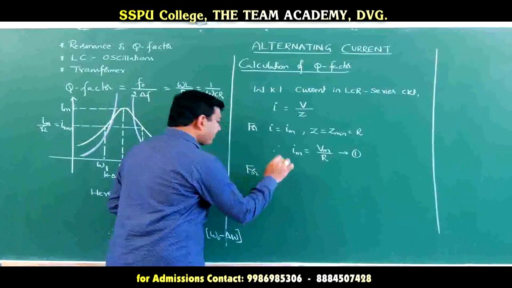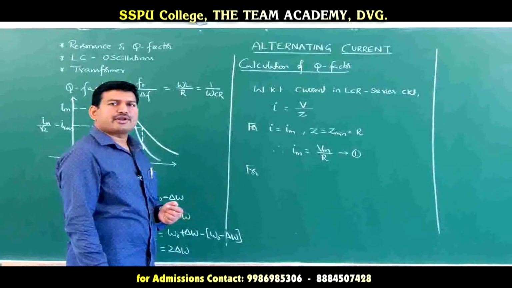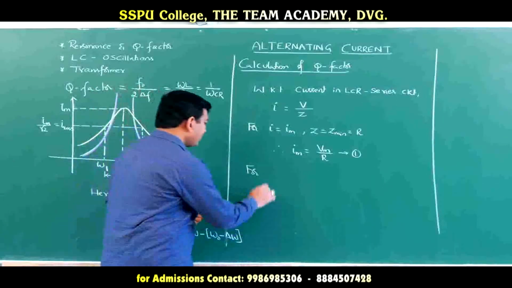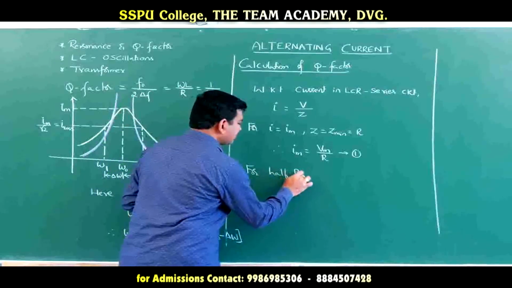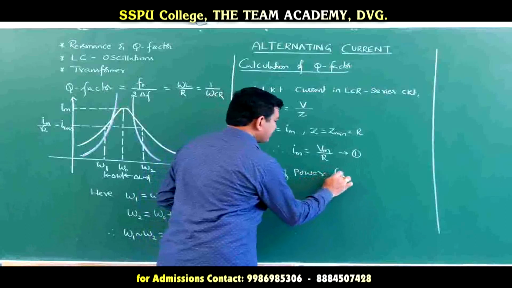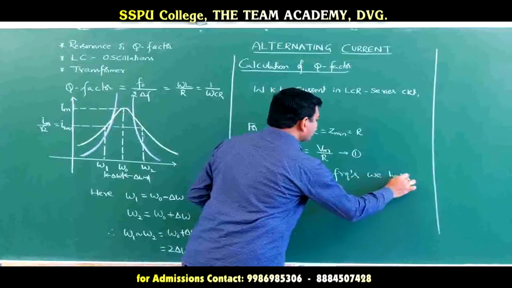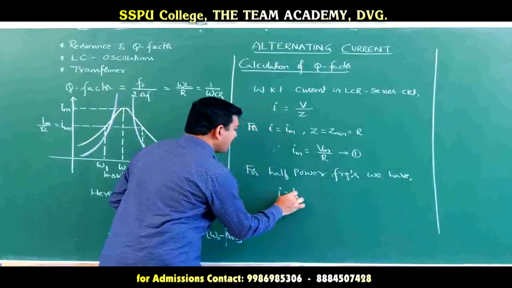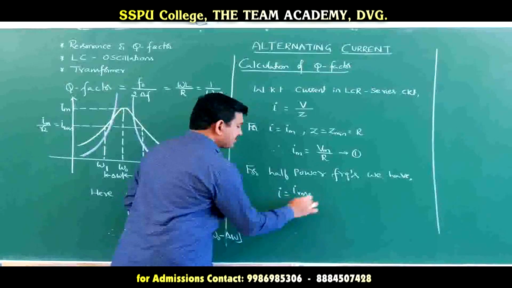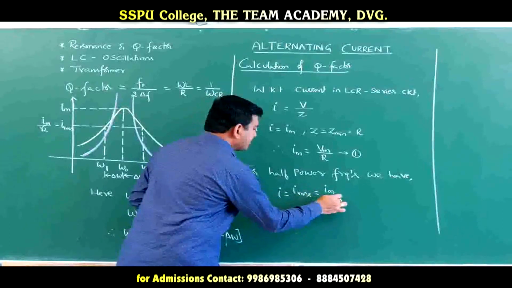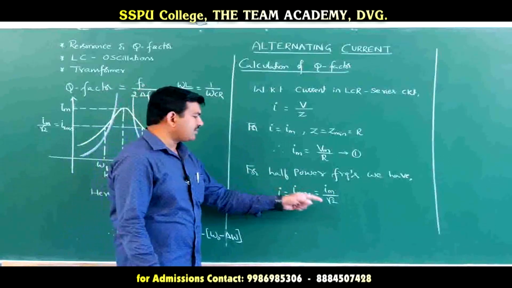For half power frequencies, means currents corresponding to the RMS current, we have I is equal to IRMS, that is equal to I maximum by root 2. Now what is this I maximum by root 2 value?